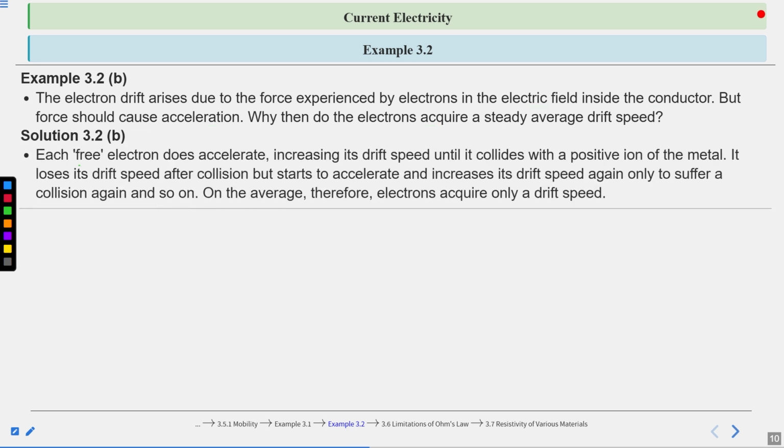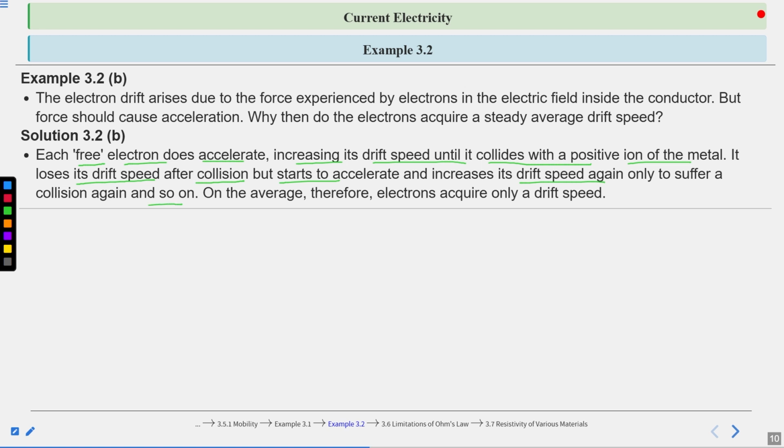Okay, each free electron does accelerate, increasing its drift speed until it collides with a positive ion of the metal. Okay, so its drift velocity increases until it collides with another positive ion. It loses its drift velocity after collision but starts to accelerate and increases its drift speed again, only to suffer a collision again, and so on.